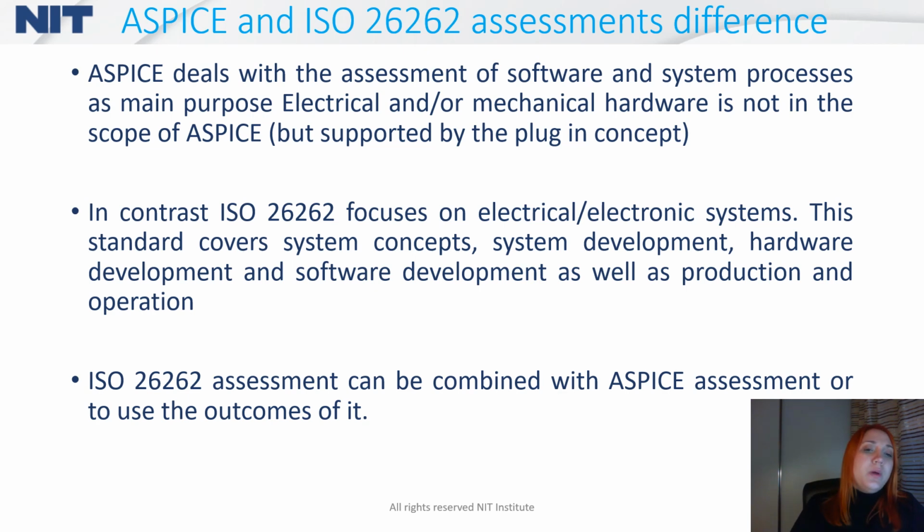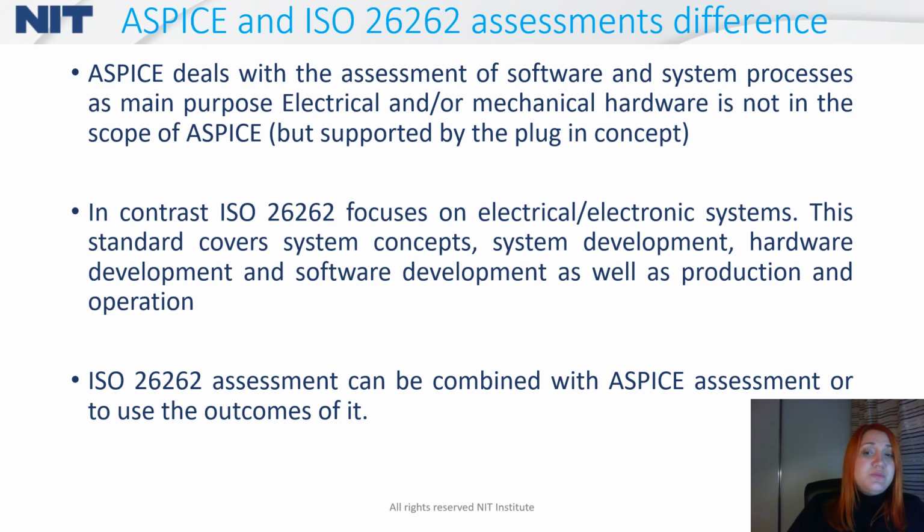Now, when we know the similarities in the assessment process and the basic steps while performing the assessment, we can now also pull out the differences in assessments of Automotive SPICE and ISO 26262. The differences are obvious.